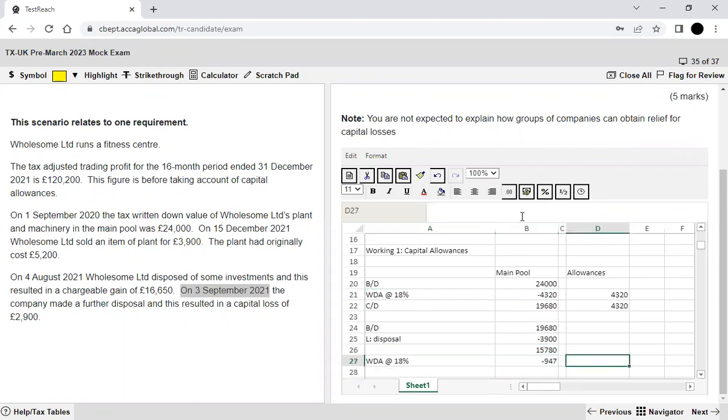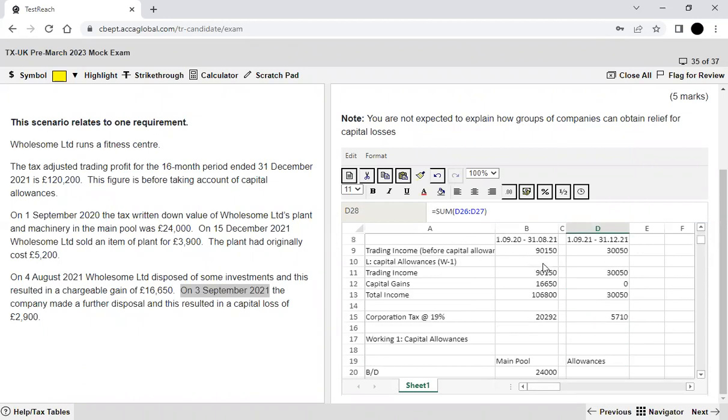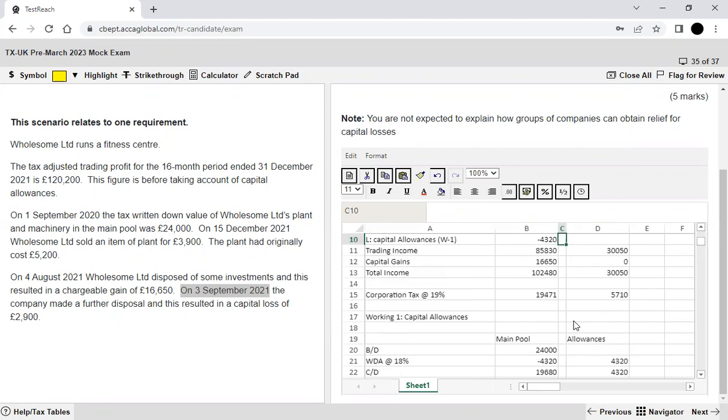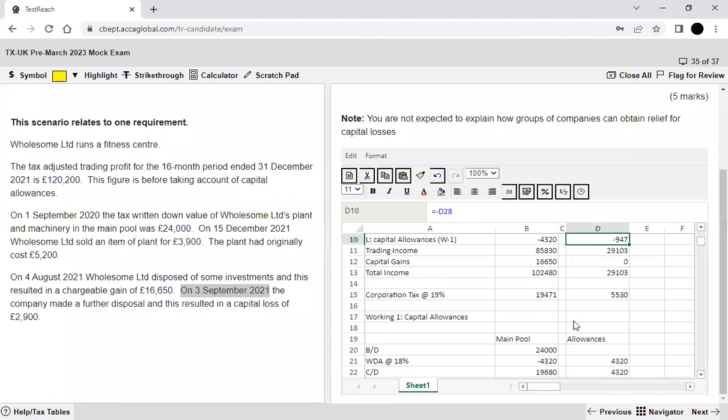Since this period is of 4 months, so this is the corporation tax liability for 12-month period, and this is the corporation tax liability for 4-month period.